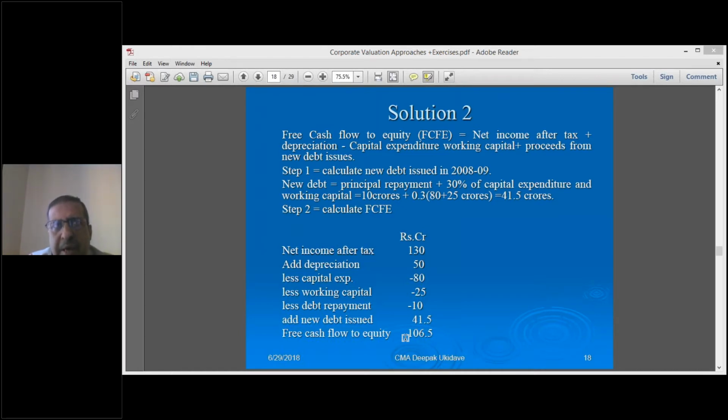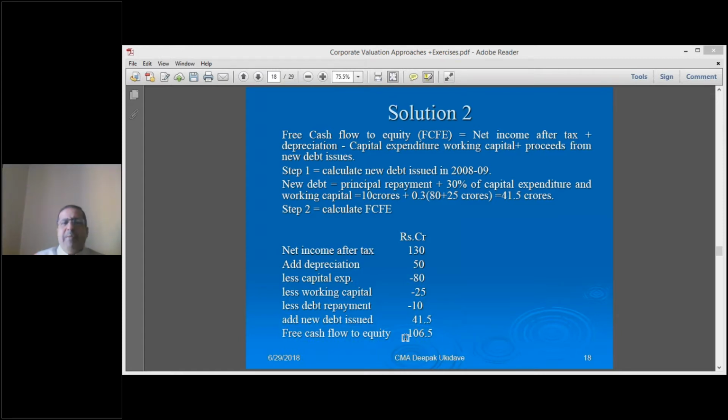What you repay you have to deduct as cash outflow, and what new debt you raise you have to add as cash inflow. Draw a line, that is equal to FCFE.